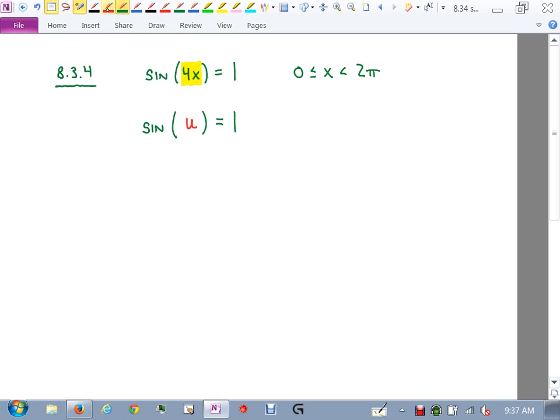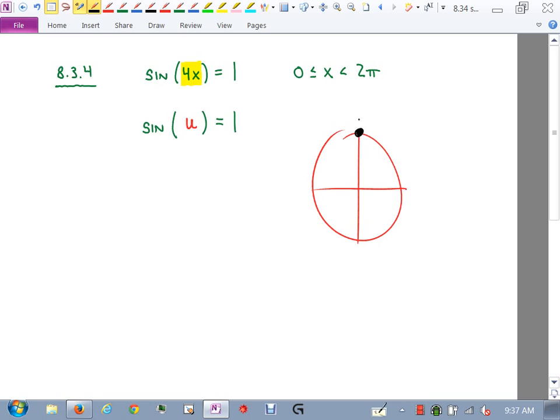Then you would go around, you would do the same thing we did earlier, and you would say, okay, hey, look, that's going to happen when I'm up here, right? That's going to happen when I'm up here. So that means the angle here has to be pi over 2. But what's the angle here? The angle is u, not x, right?